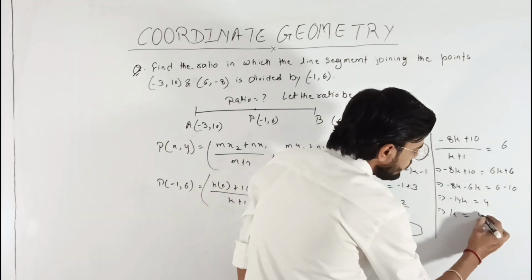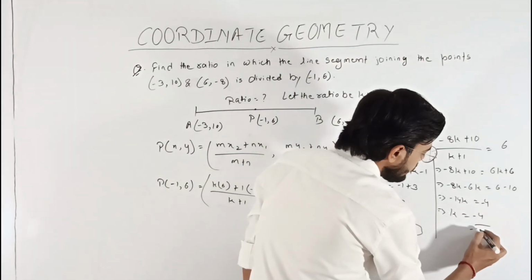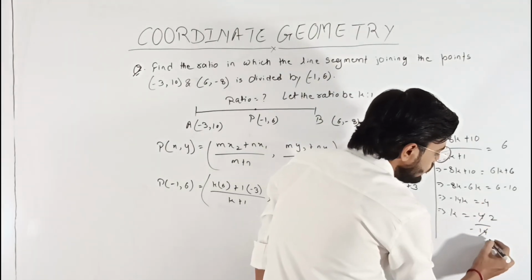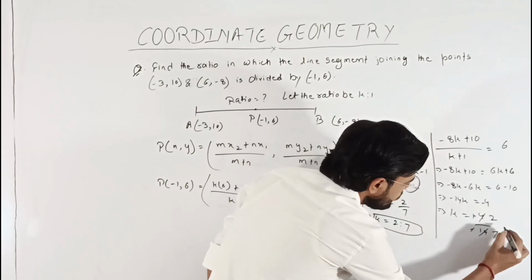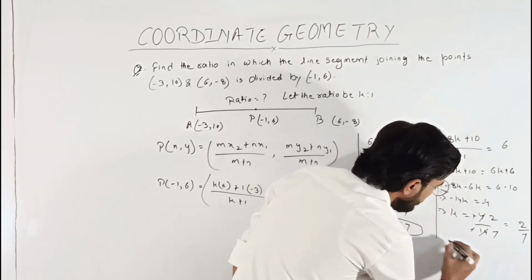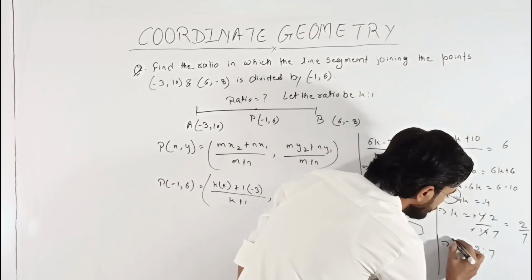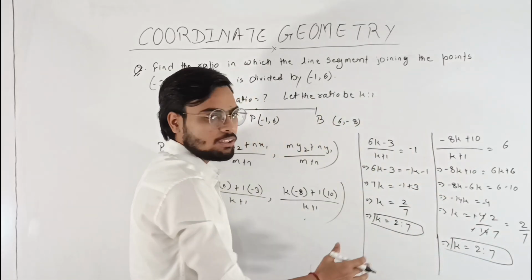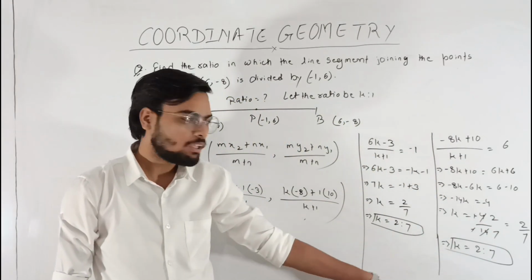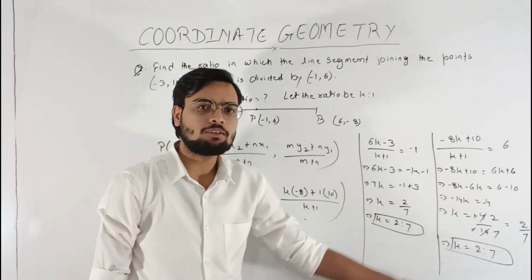Now from here k is minus 4 upon minus 14. So 2 and 7, and minus minus is cancelled. So k is 2 upon 7, then the ratio is 2 is to 7. Understood? From here k is 2 is to 7 and from this again k is 2 is to 7.